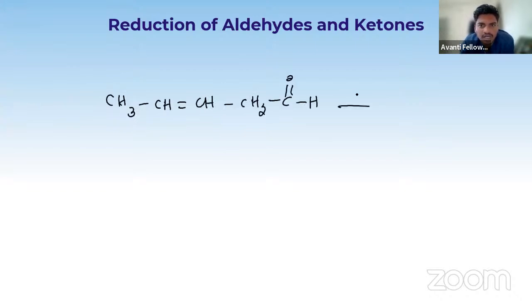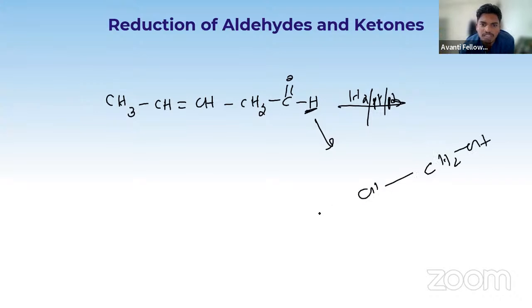If you use hydrogen in the presence of platinum or palladium, what is going to happen? As this is a primary alcohol, our first job will be CH2OH, then CH2, and then CH. The double bond here will also undergo hydrogenation, that is, hydrogen is added to it.